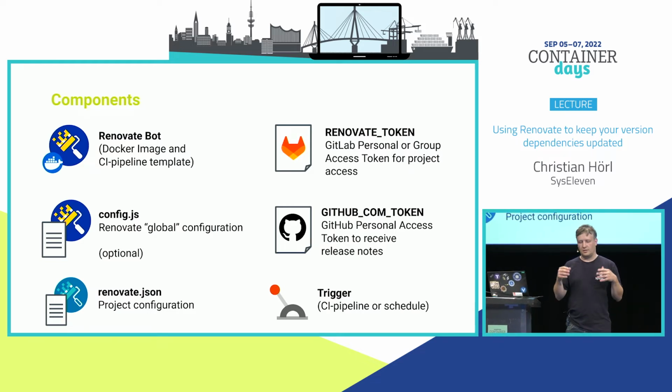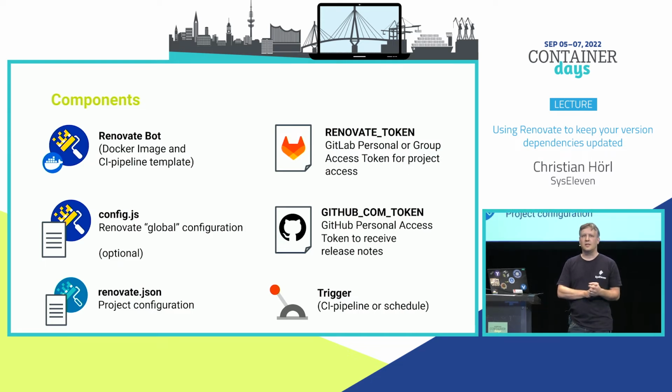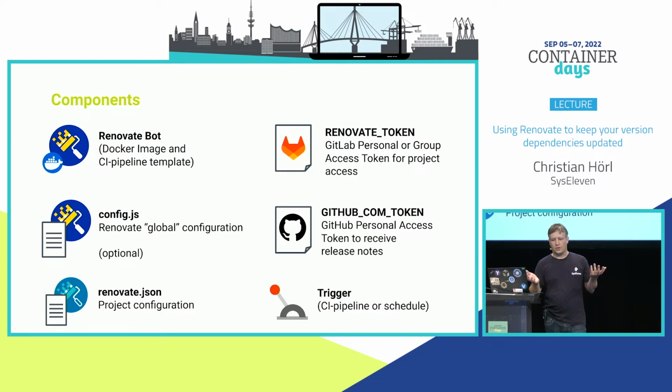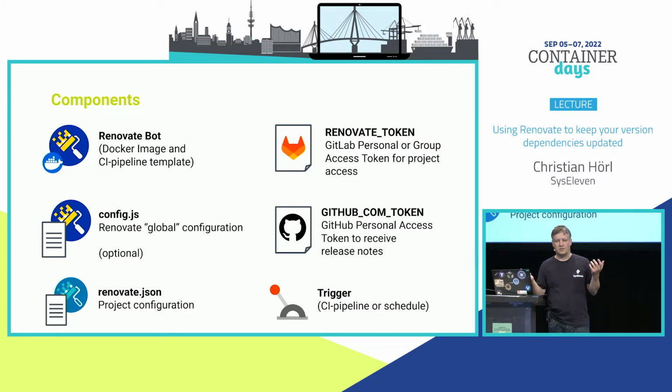It's a very basic GitHub token. It doesn't need any specific scope in GitHub, but it's used to obtain the release notes from GitHub for the upstream projects if you want to offer them in the dependency dashboard. And finally, you need a trigger to start the renovation process, after all, which is usually a pipeline or a scheduled pipeline.